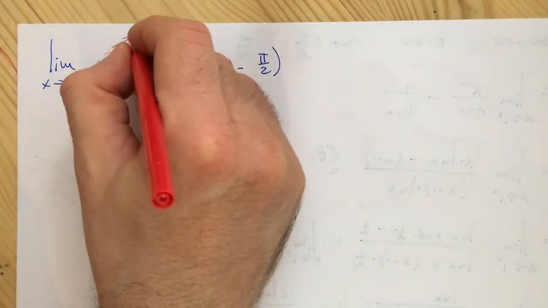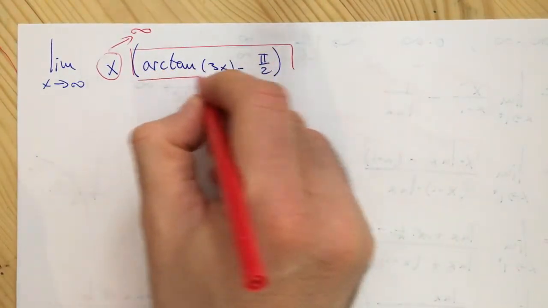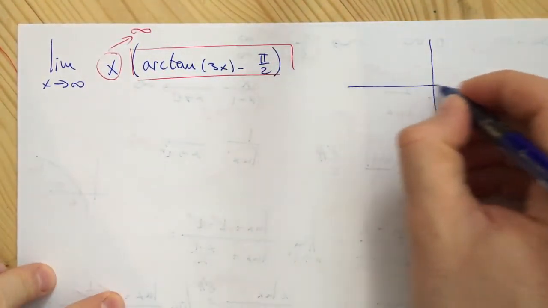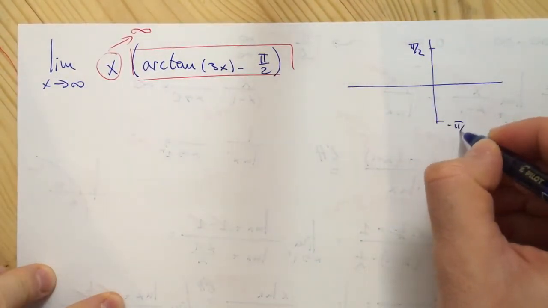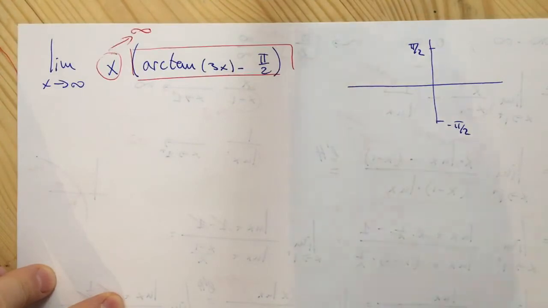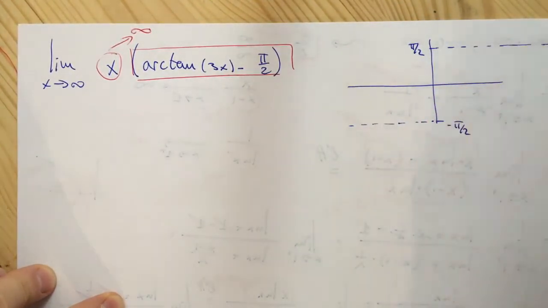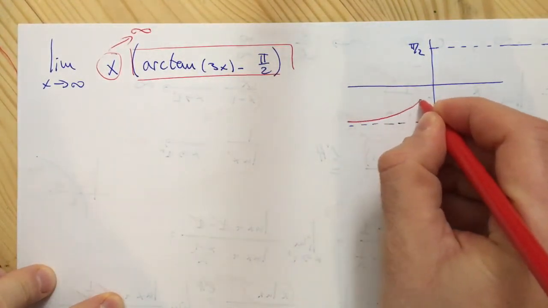As x goes to infinity, obviously x goes to infinity, but now the question is what happens with this factor right here. Okay, so the arctangent function has horizontal asymptotes at negative pi over 2 and pi over 2, and its behavior is like this.